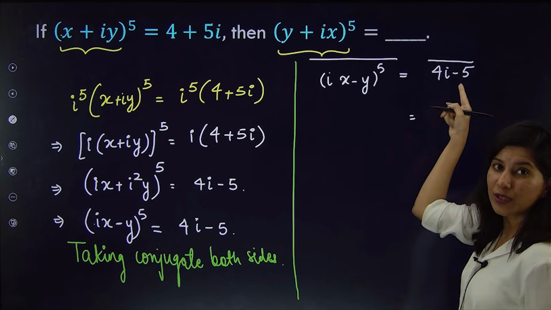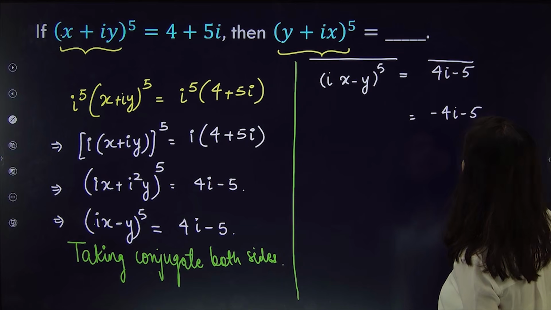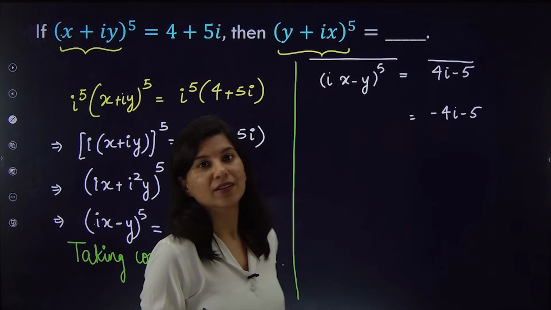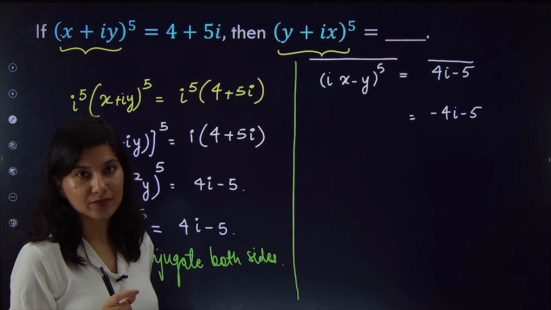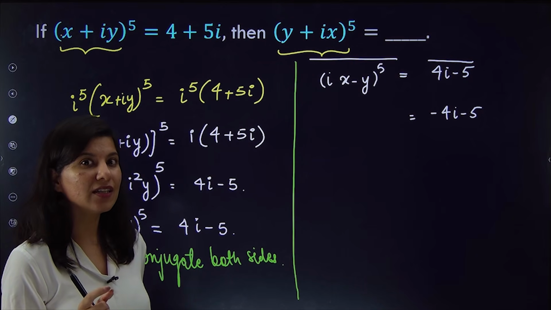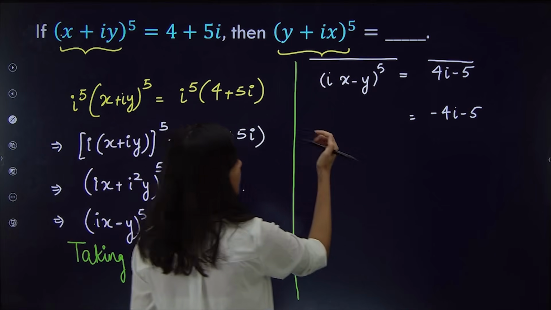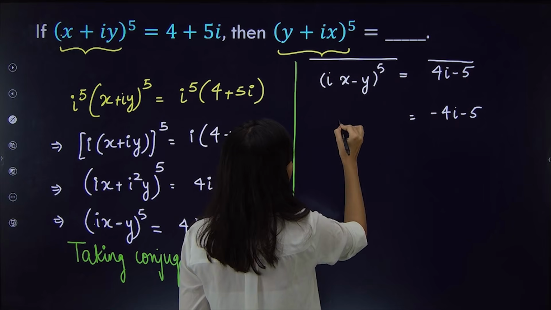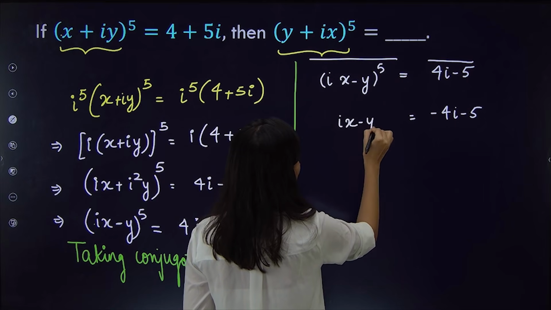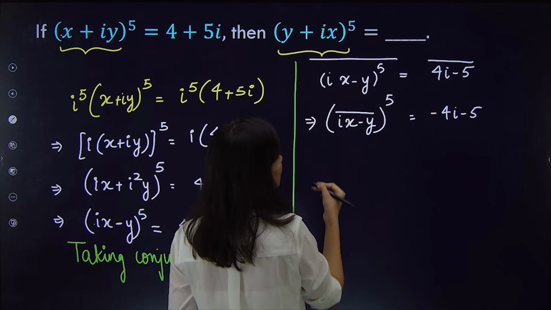In here, if you take the conjugate, this will become −4i − 5, because we are reversing the sign of whatever is written with iota, correct? Here, power 5. So now conjugate and power 5 are reversible: the conjugate of (ix − y), power 5. This is also done, right? We have used that property.